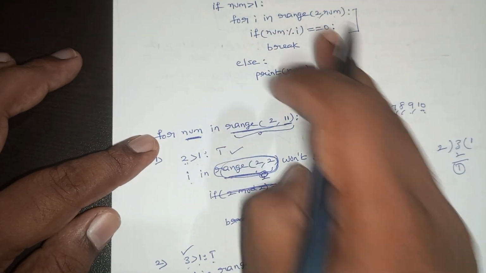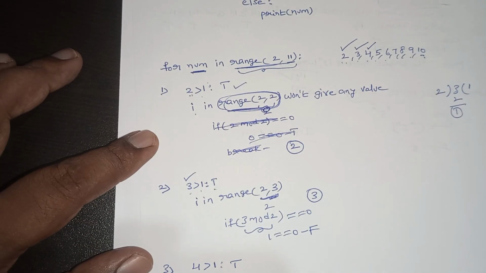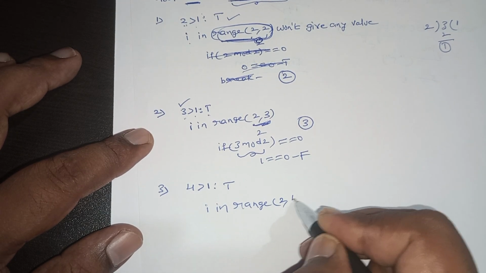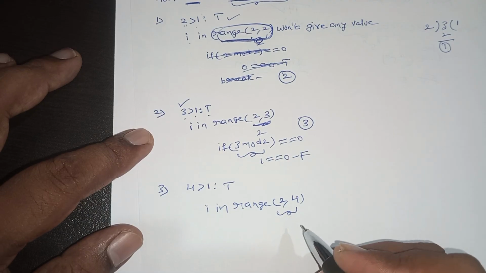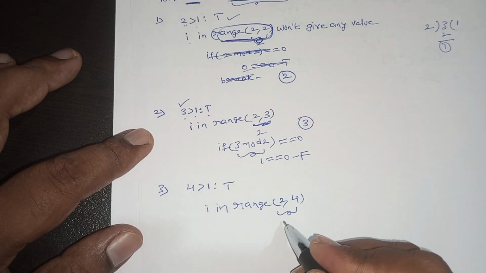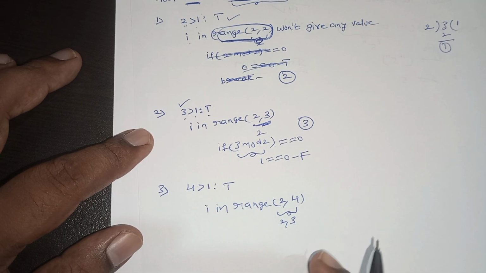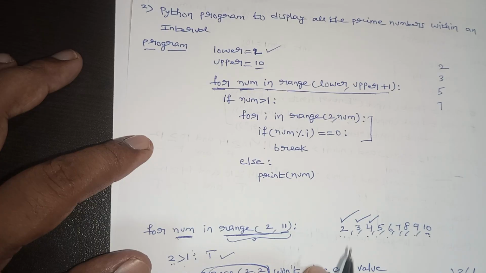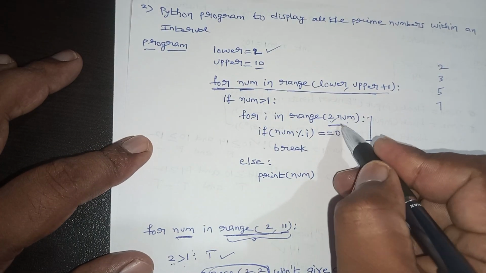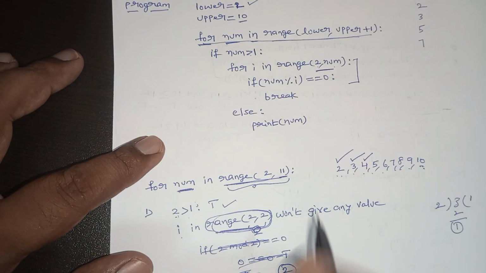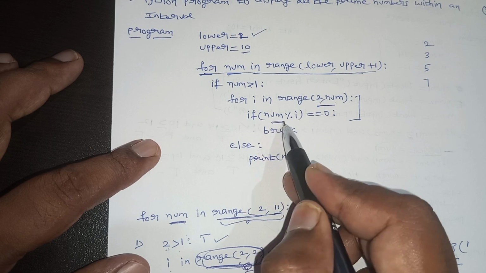For i in range of 2 comma 4, what will be the output? Output is 2 comma 3. So here I got 2 comma 3 for number equal to 4. Then you have to execute the statement.